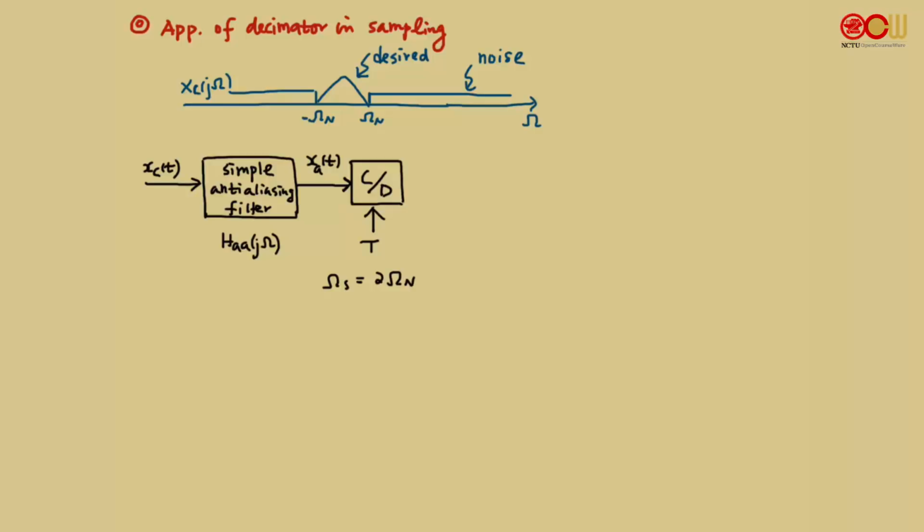Omega n is the cutoff frequency of the desired signal. But if we were to sample directly using this sampling frequency, we would get aliasing. So instead of 2 times omega n, we oversample. That means we sample at a higher frequency. We oversample by a factor of M.